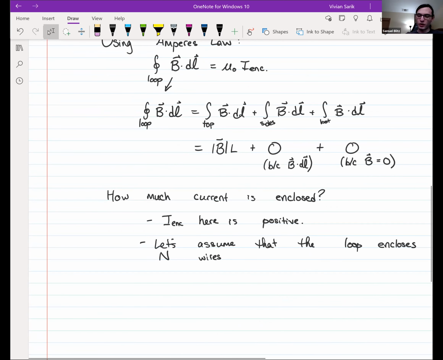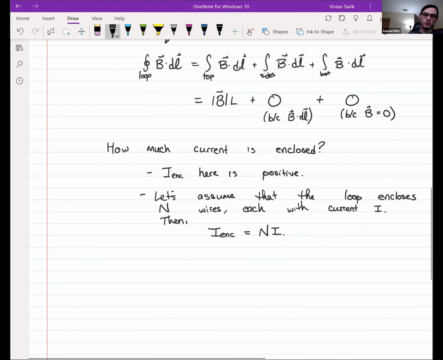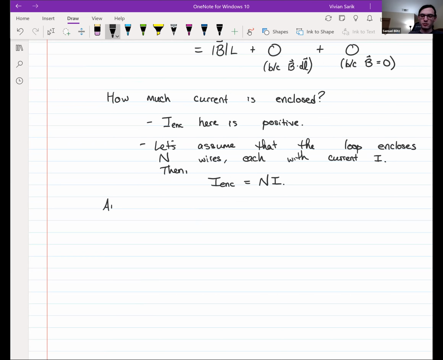And each of those wires has current I. Then I enclosed is just N times I. So Ampere's law gives the following: B, the magnitude of B, times L equals mu naught times N I.